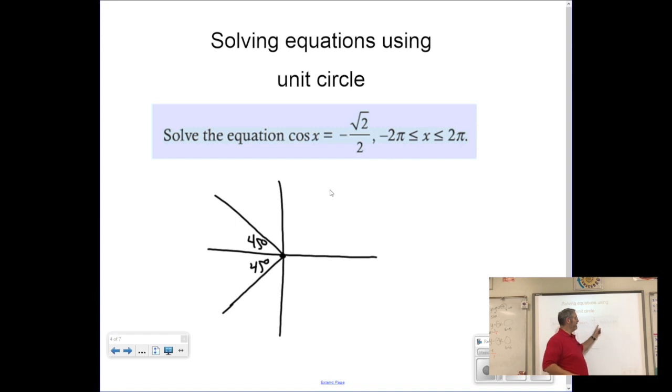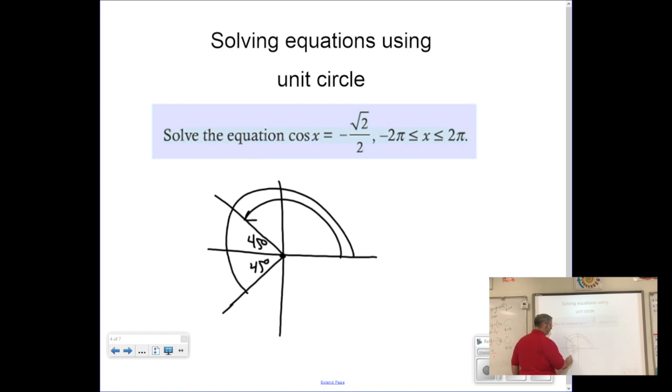What this means here is you're going to go one rotation in the positive direction, counterclockwise, and one rotation in the negative direction, or clockwise. So from here to here, and from here to here. Those are the only two in the positives that would give me a cosine of negative square root of 2 over 2.